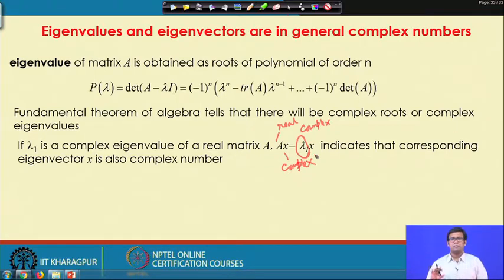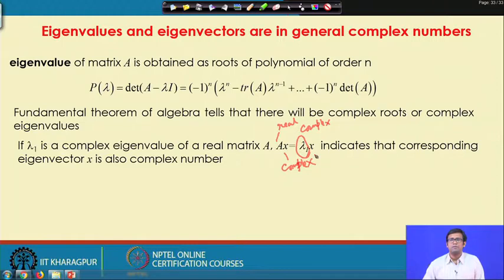This can come as a kind of shock, because we have been discussing everything with real numbers. We have discussed the transpose of a matrix and symmetric matrices. We have not discussed Hermitian matrices, because we did not want to go into the complex number plane. However, everything being real, we can still have complex eigenvalues with imaginary components, and then the eigenvector will also be complex.